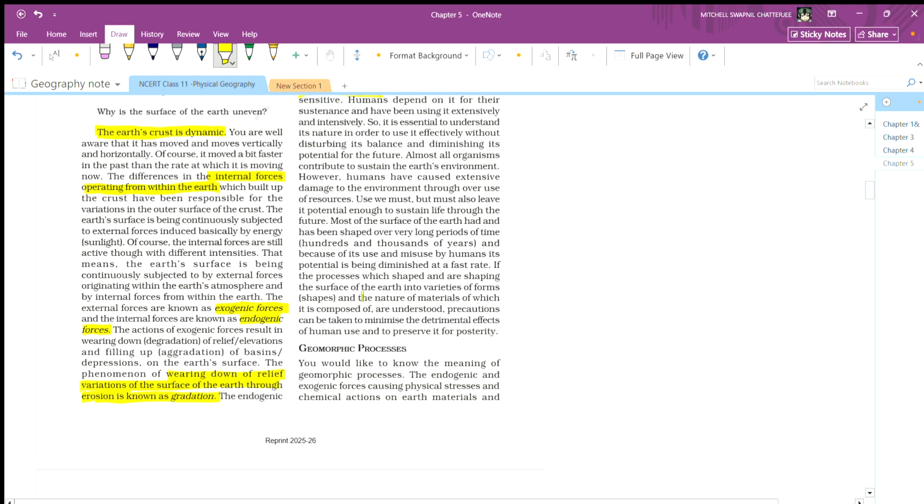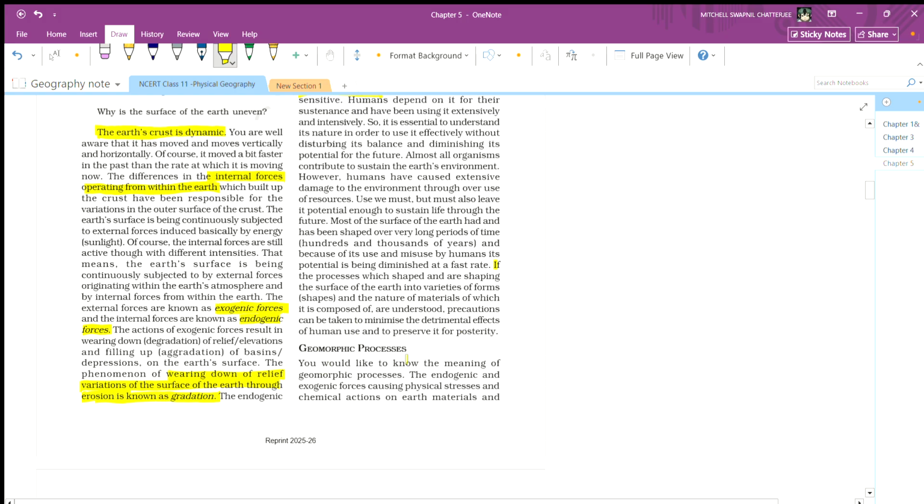If the processes which shaped and are shaping the surface of the Earth into varieties of form, and the nature of the material it is composed of, are understood, precautions can be taken to minimize the detrimental effects of human use and to preserve it for posterity. That's a very long sentence.